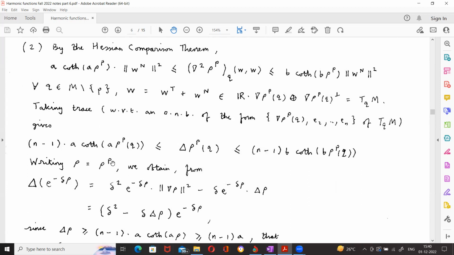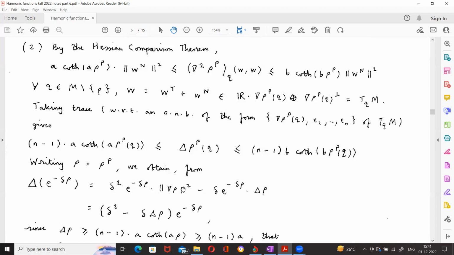And using this, if we write rho for rho_P, then we can work out the Laplacian of e to the minus delta rho, right? We worked out a change of variables formula, remember, for the Laplacian of a real valued function u composed with a function phi on the manifold. That was u double prime times the norm of grad phi squared, plus u prime times the Laplacian of phi.